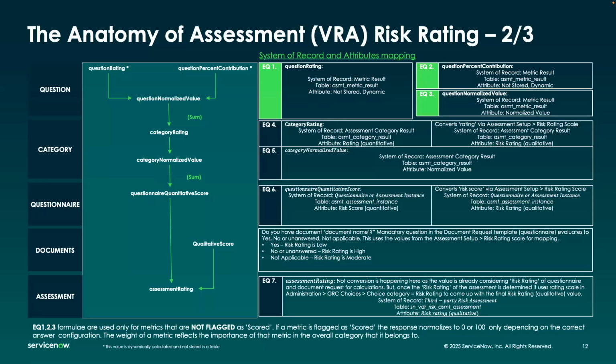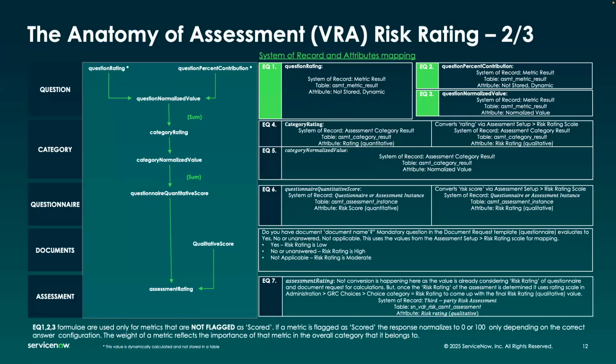Next, at the category level, the category rating, the quantitative score, is stored in the assessment category results, ASMT_category_result table under the rating field. Its corresponding risk rating, meaning the qualitative rating like low, medium, or high, is derived using the risk rating scale defined in assessment setup. Similarly, the category normalized value is stored in assessment category result, ASMT_category_result table under normalized value, giving us consistency for rolling up to higher levels.